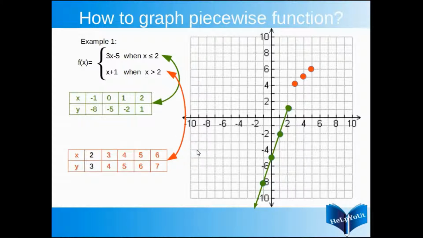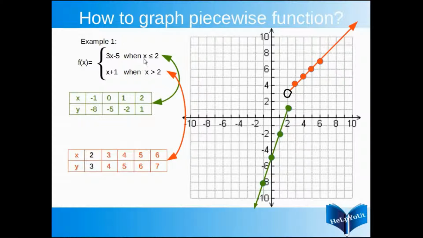After plotting this, I got that. See, at 2, 3 here, I got that open circle because x was not really equal to 2 for this second function. So I have made it an open circle, and then I have joined this with a line. This is how to graph the piecewise function.